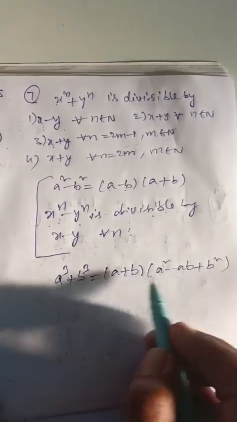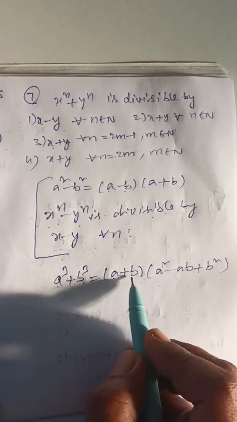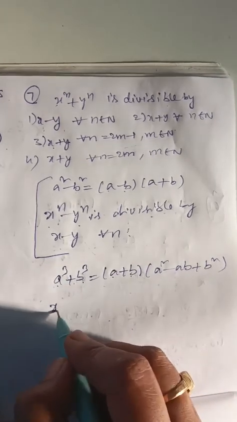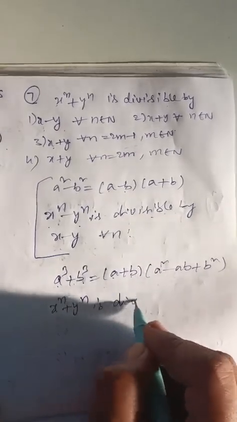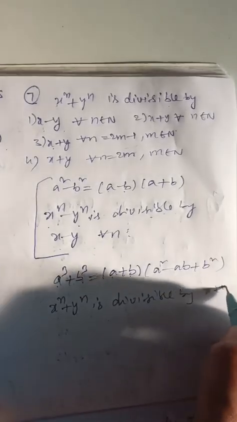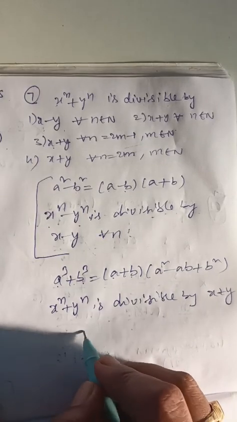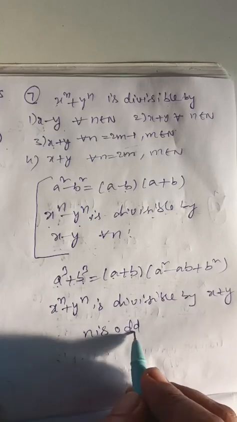So these are the factors. So a cube plus b cube is divisible by a plus b. In the same way, x power n plus y power n is divisible by x plus y only if n is odd, not for all n.